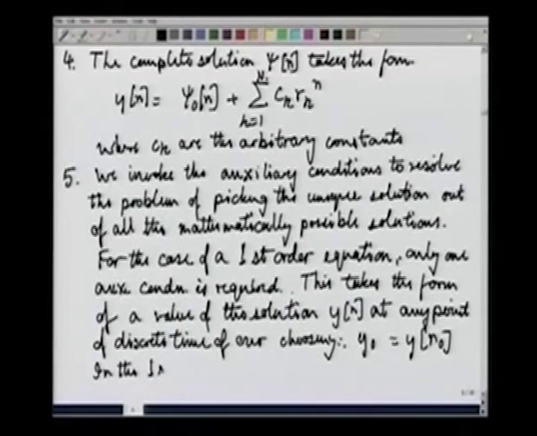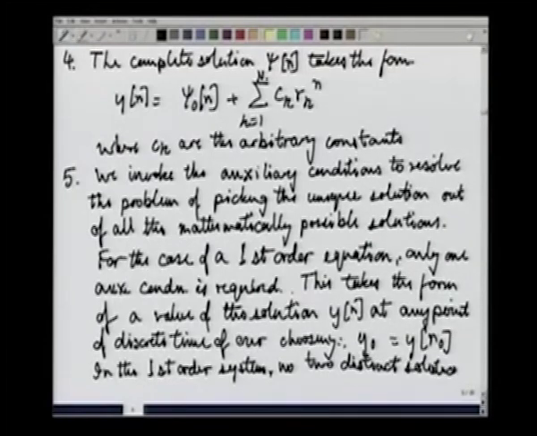In the first order system, no two distinct solution trajectories ever cross each other. So, since this is the case, one auxiliary condition is enough.